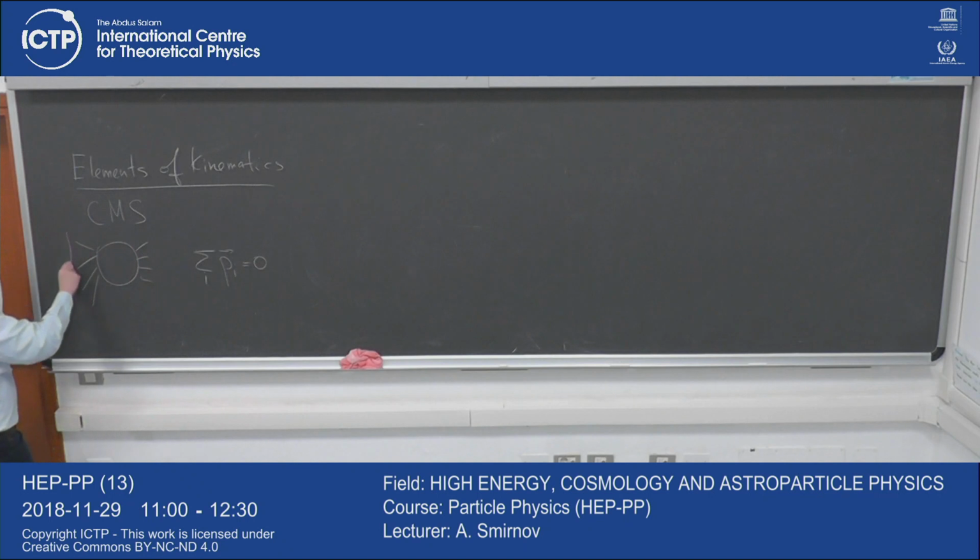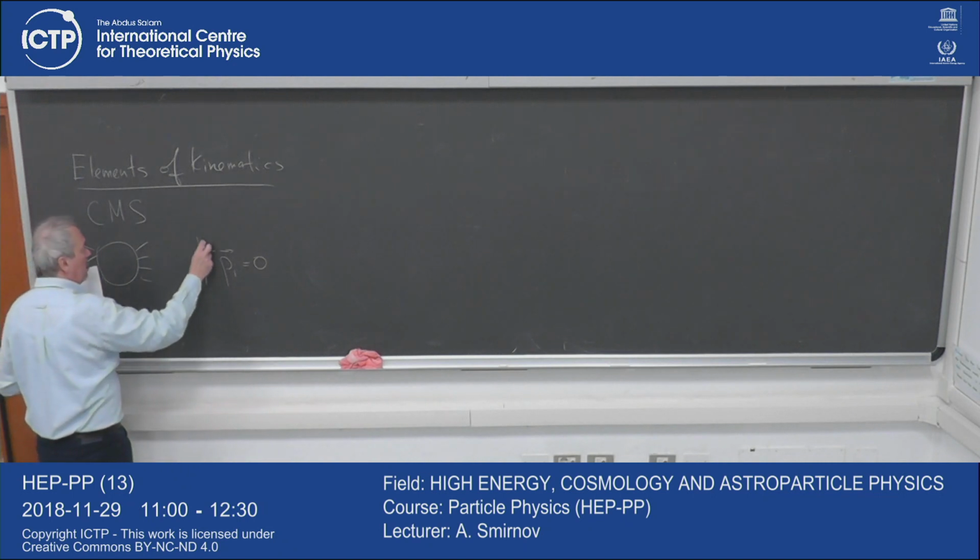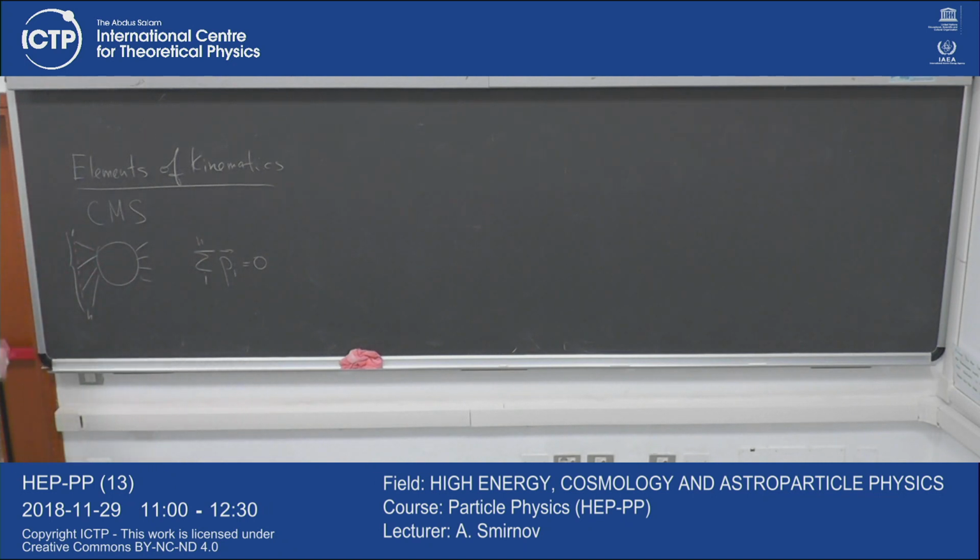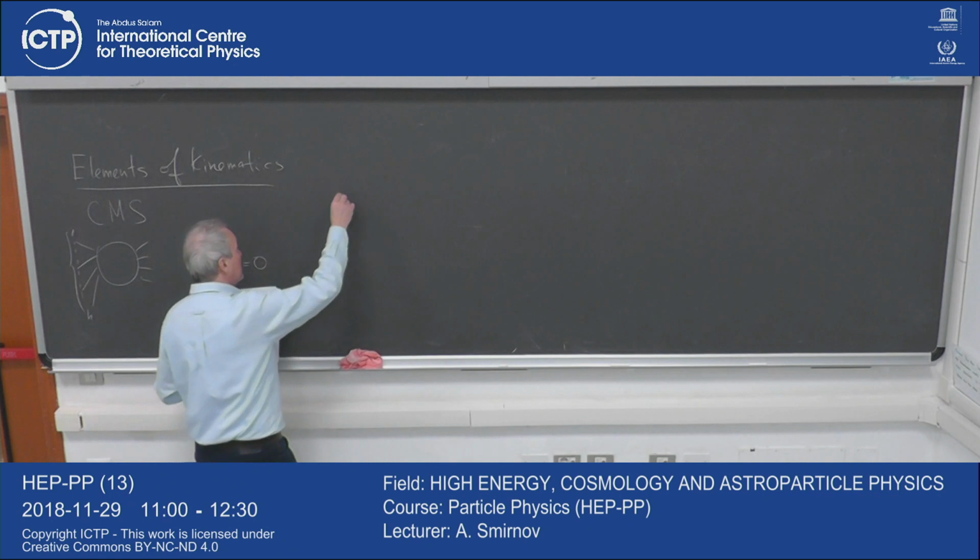So let's take some initial state and some number of particles, and then we can define the centrum of mass system, the system in which the total momentum of particles in a given state is 0.